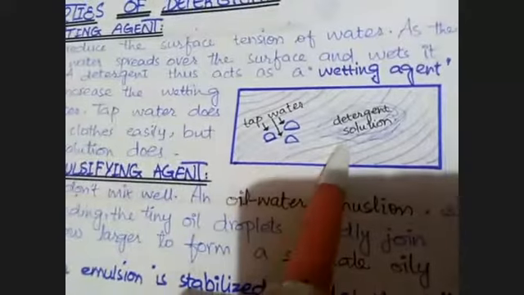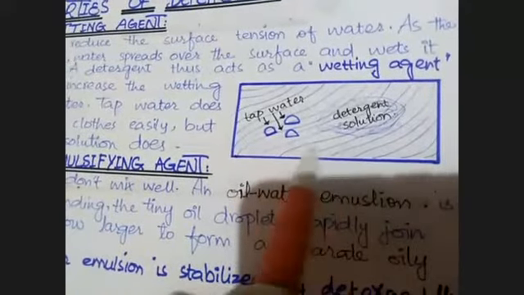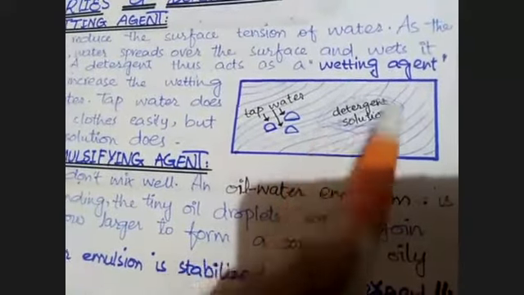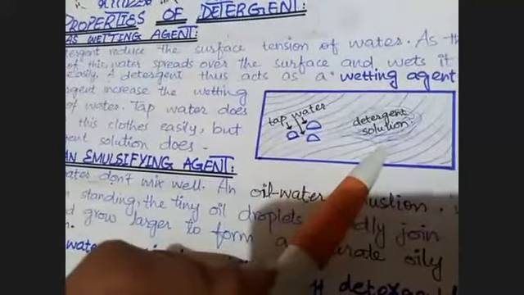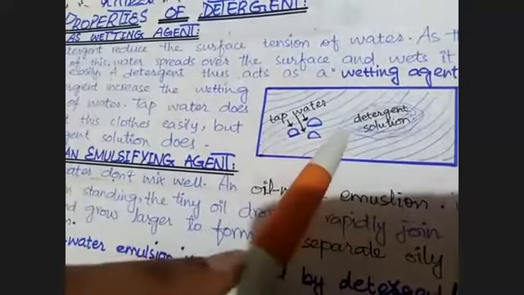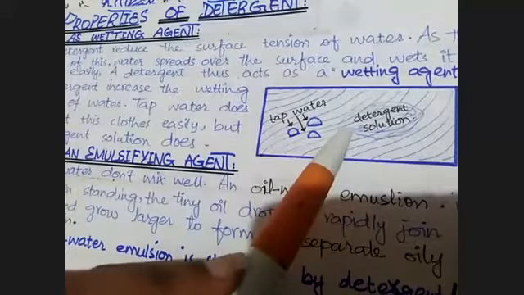It doesn't wet it, but when the detergent solution is added on the surface of this cloth, it wets it because it acts as a wetting agent, which lowers the surface tension of the water and helps it spread more easily than the tap water.